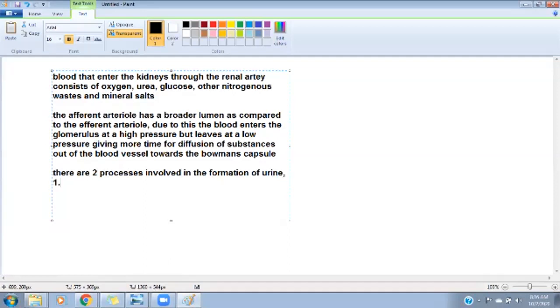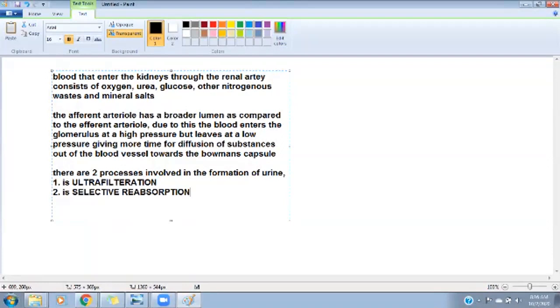One is ultrafiltration and the second is selective reabsorption. पहले यही आएगा. ये इसी पैटर्न में आएंगे. The first process is ultrafiltration and the second is selective reabsorption.